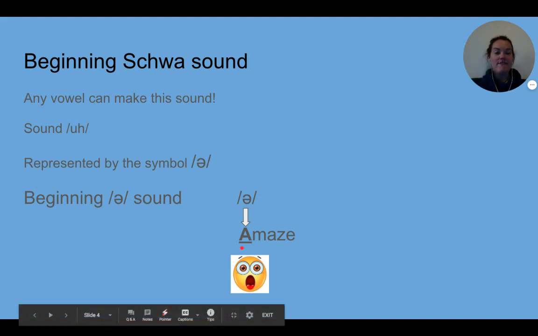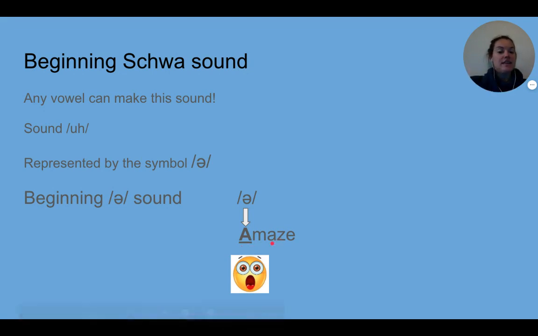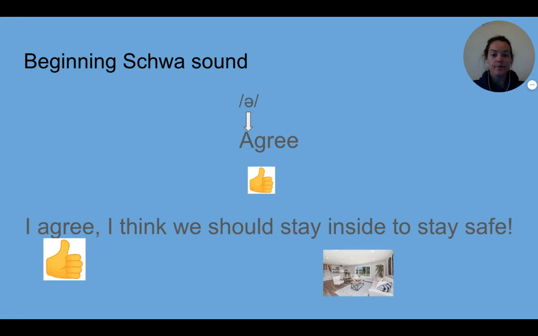Here we have maze. If you notice, the A in the middle of the word still makes the /a/ sound. Maze. So the schwa sound is at the beginning of a word in this example.